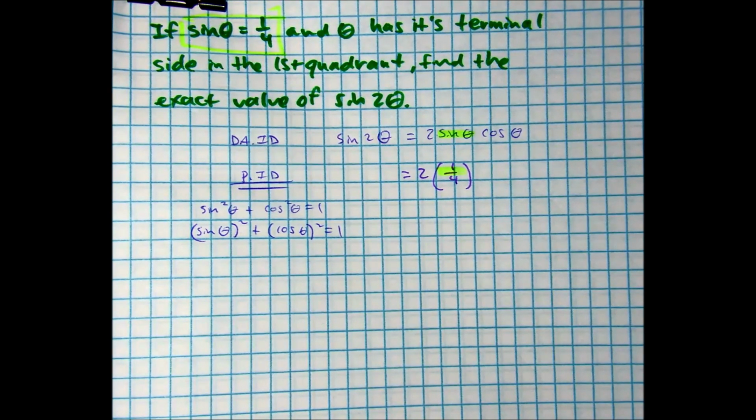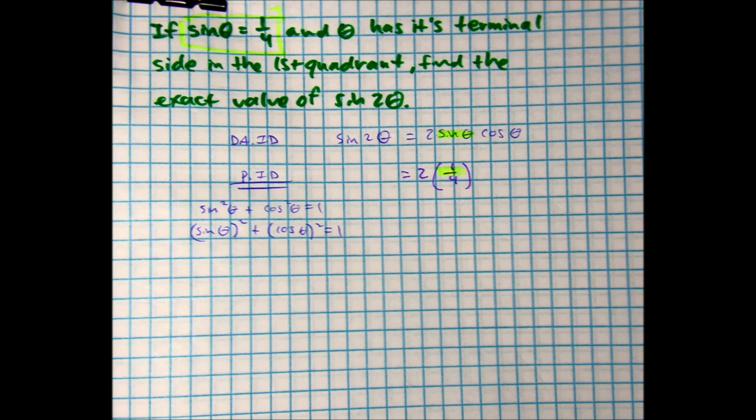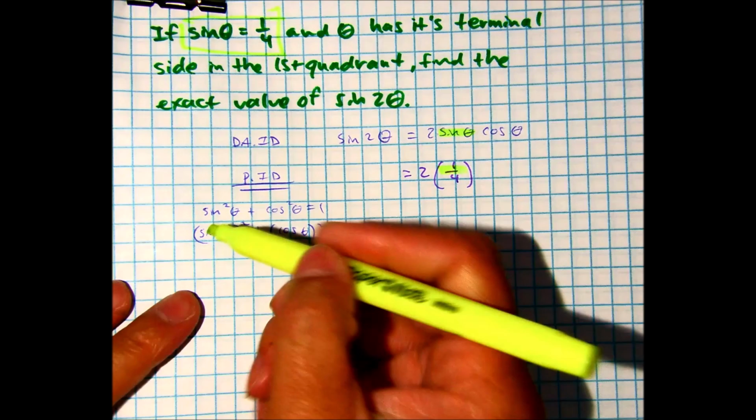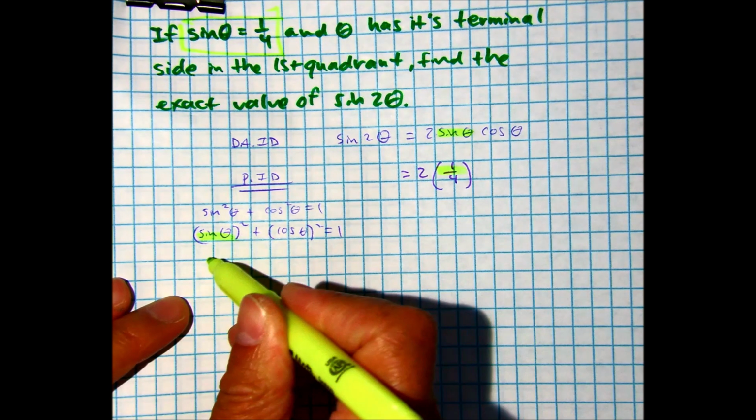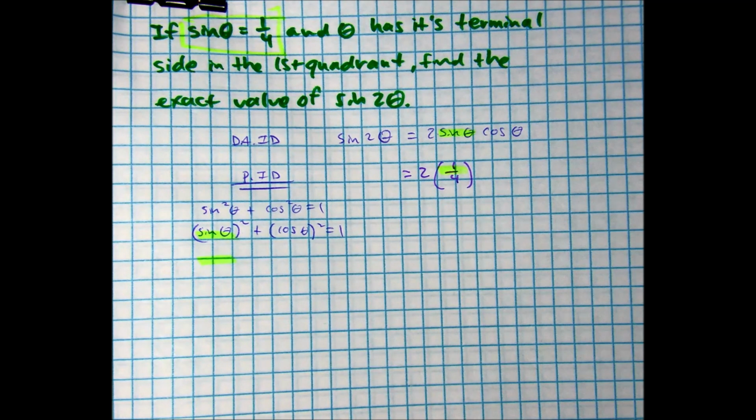With your partner, I'm going to give you 40 seconds. I want you to use the Pythagorean identity to figure out cosine. Theo, help us. What is sine of theta? 1/4. So let's put in 1/4 here.